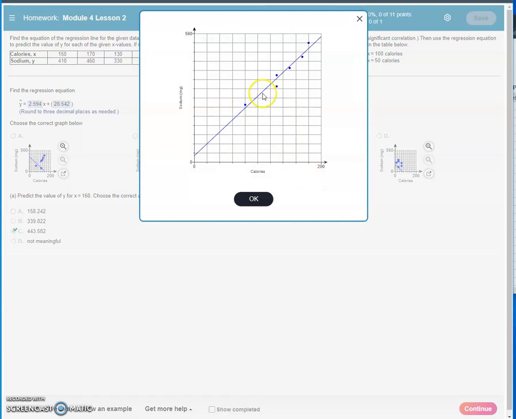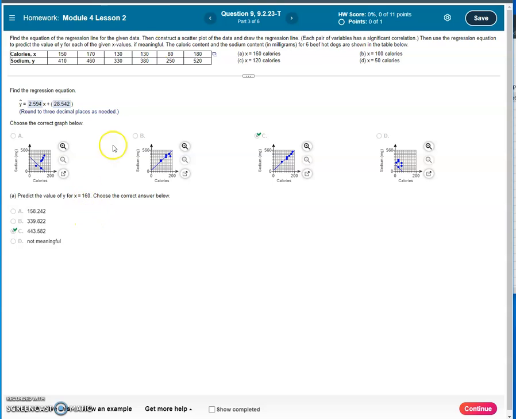I can only use this line for data points that are between this point and this point. Down here, we don't really know what the behavior's like. But between these 2 points, we have this line to help us estimate. So 160 is between 80 and 180. Anything between 80 and 180 is valid.